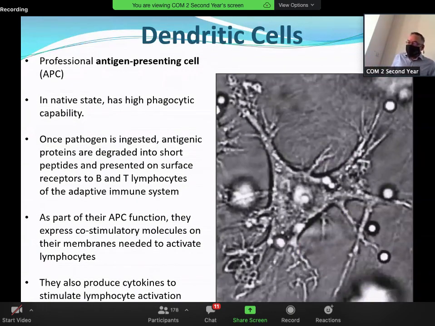And then these specialized cells, dendritic cells, are similar to macrophages in that their main function is to phagocytose antigens. They're called dendritic cells because they have these long processes, like dendrites that you'll find in neural cells in the brain.